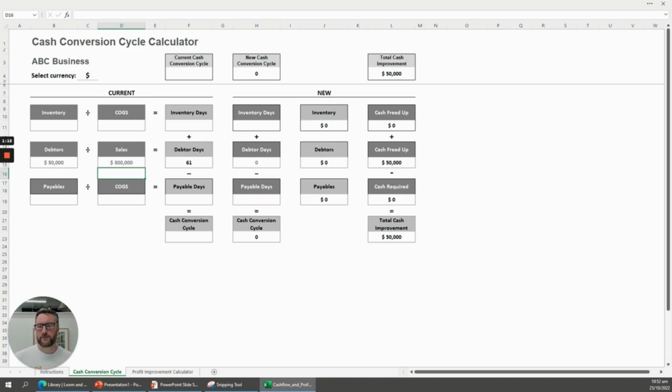Now, we talked to this client about how you can decrease those debtors days, and we've got different videos on this, but here we're talking about changing your terms and conditions. So you're not waiting to be paid until the 20th of next month. You've got 7 or 14 day terms.